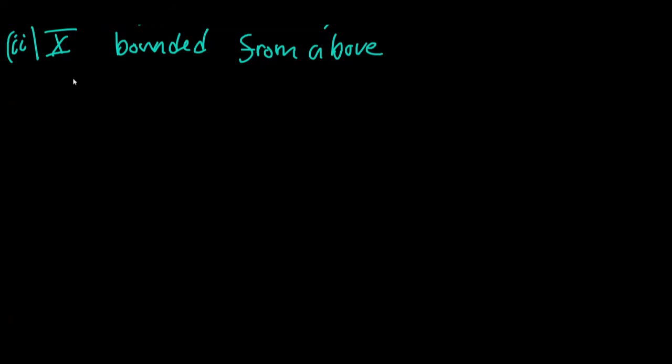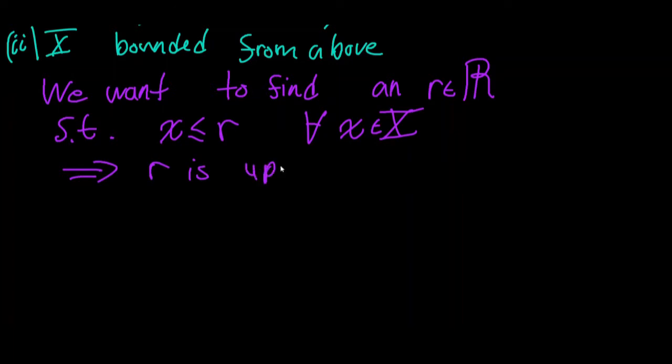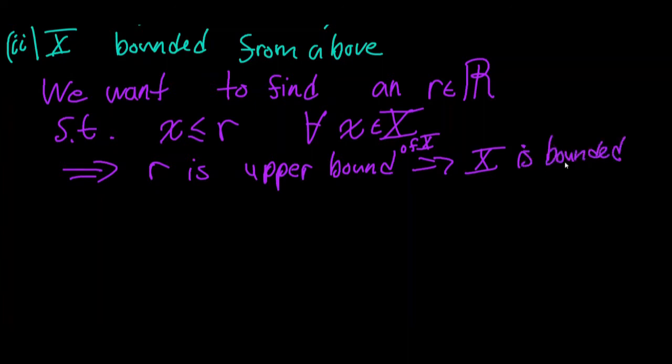If we want to show that X is bounded from above, we want to find an r in the real numbers, just any real number, such that x is less than or equal to r for all x in X. And this r is then an upper bound of X, which implies that X is bounded from above.